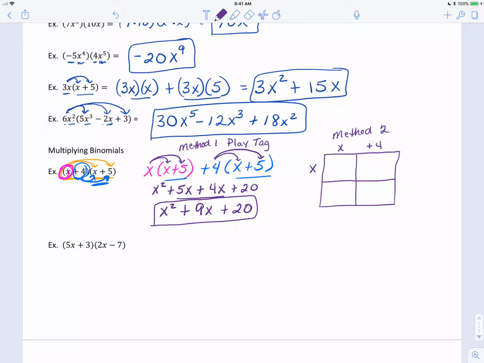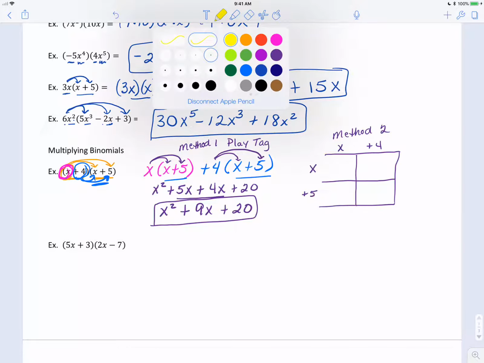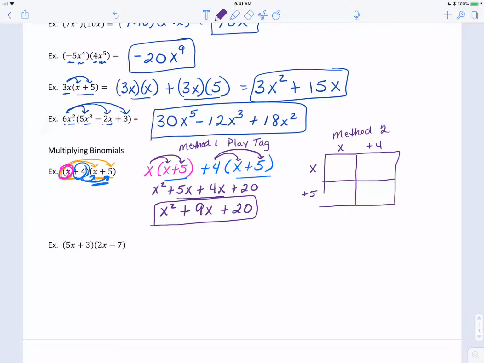We have x plus 5. Okay, and now what we're going to do here is just meet in the middle. So if I say this x, oh, I didn't know that would cover that up. This x is being multiplied by this x. That gives us x squared.